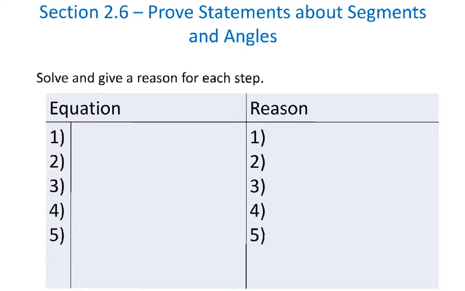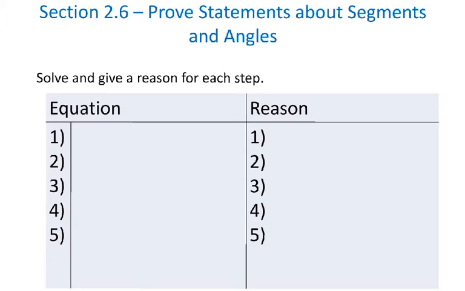Alright, so now what we're going to look at is how we set up our algebraic proofs, and this is how we're going to set up our geometric proofs also: into 2 columns.